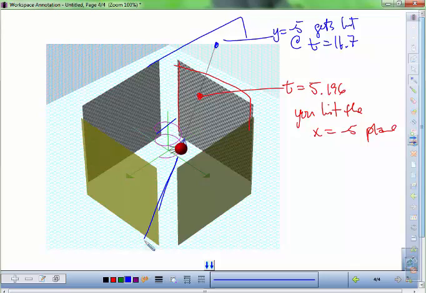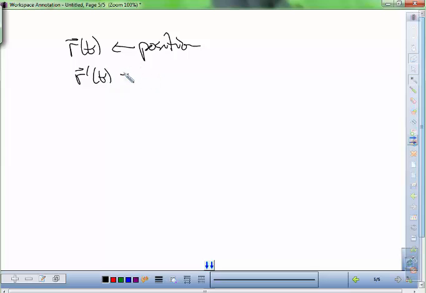All right, so this is a tangent vector. It turns out that the tangent vector has a direction, and it tells you which way your particle is going to be moving tangent to the curve.